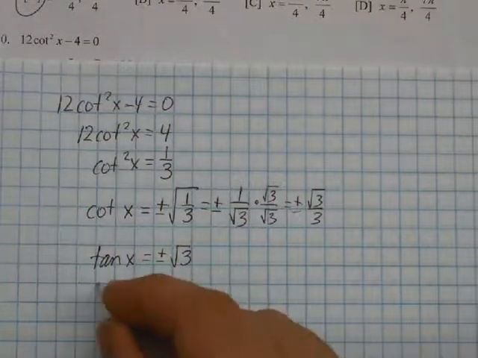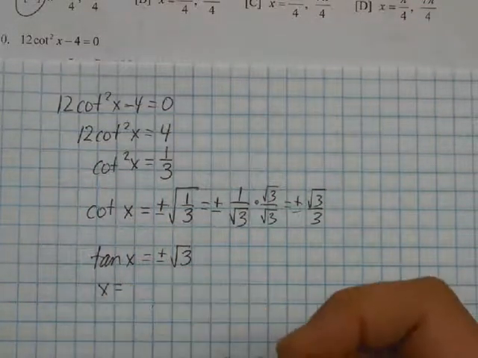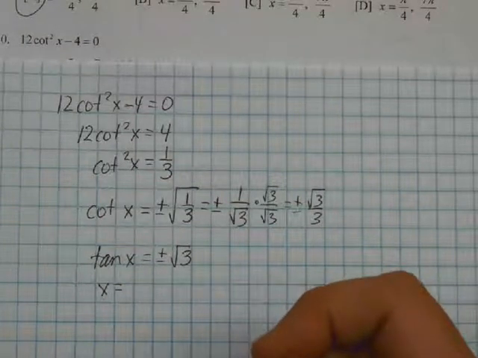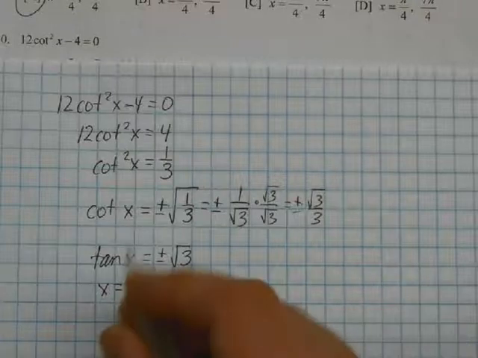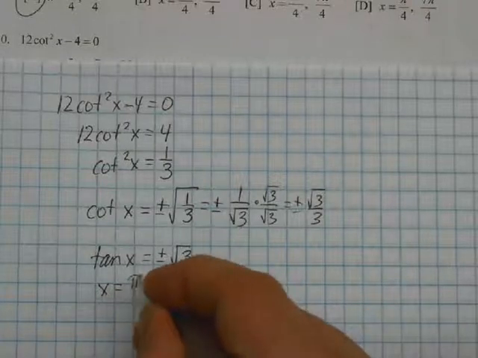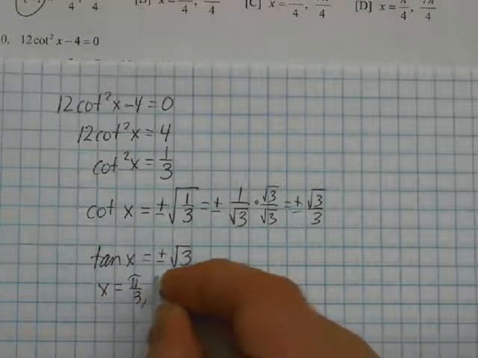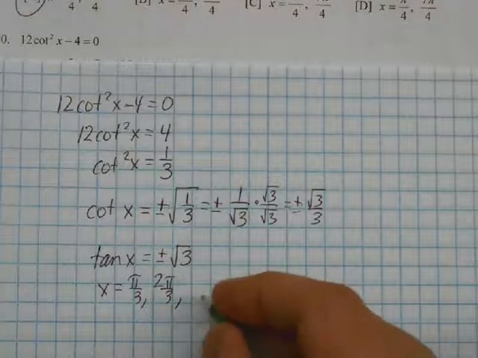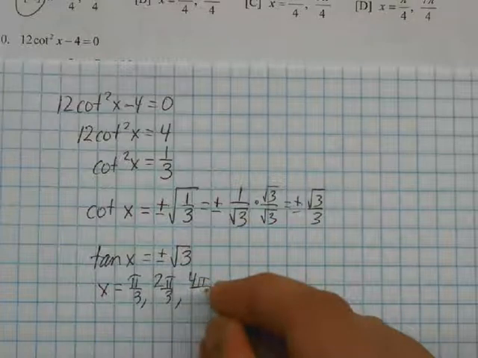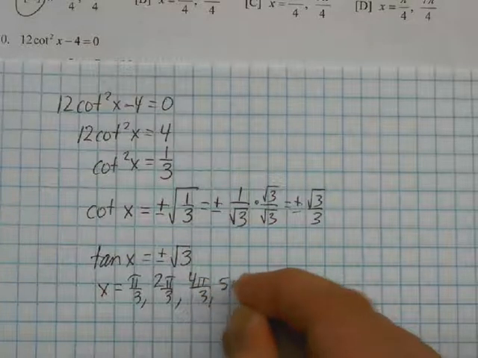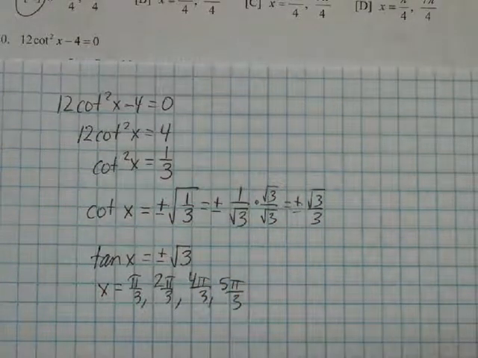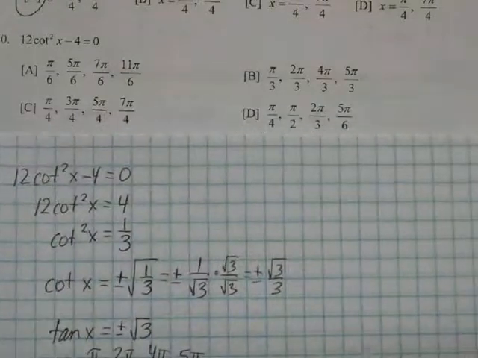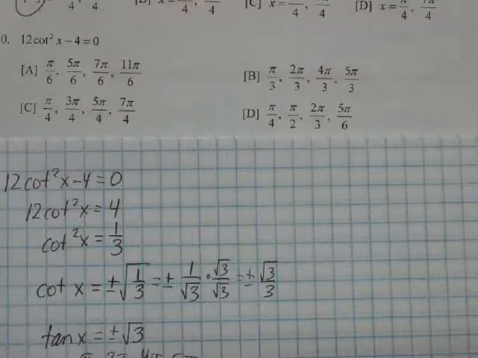So if you looked at your unit circle, we know that tangent is equal to positive or negative radical 3 at pi over 3, 2 pi over 3, 4 pi over 3, and 5 pi over 3. Which matches B.